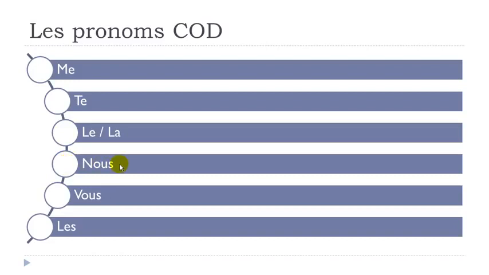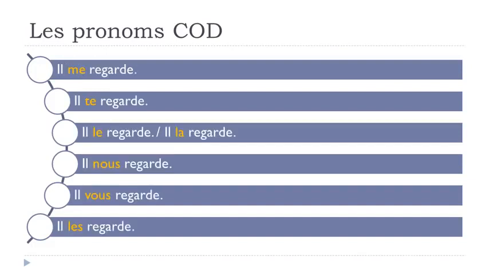It's quite easy to remember. Second person of the plural, vous. And third person of the plural, les. So: me, te, le, la, nous, vous, les.